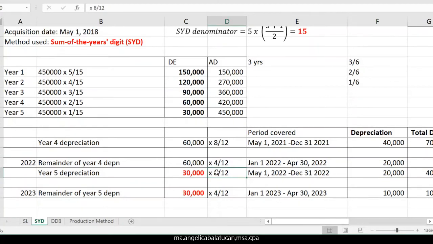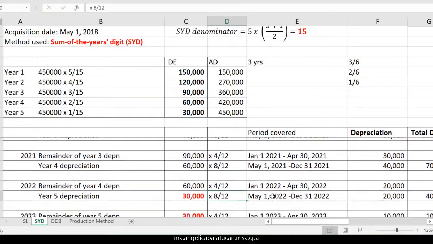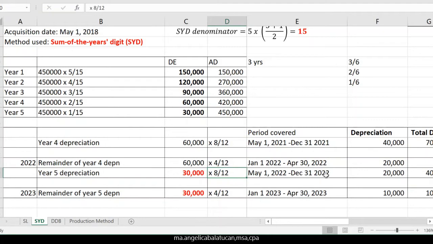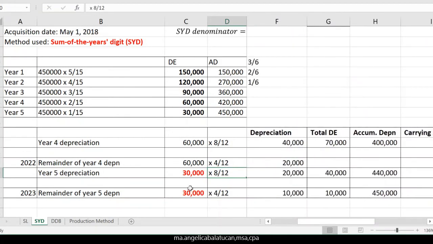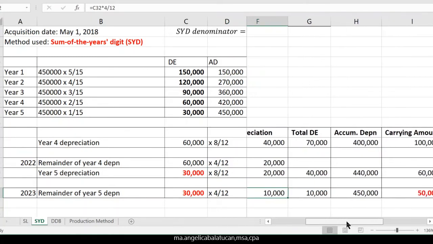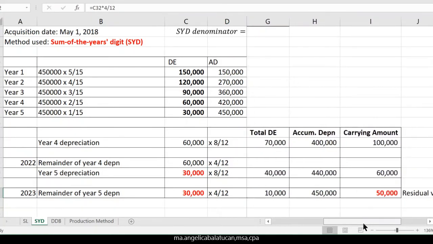Because you have from May 1 until December 31. And then for the last year, you have 30,000 times 4 over 12. So to complete this one, the remainder is 10,000. And accumulated depreciation after 5 years would be 450,000. And the carrying amount will be the 50,000 residual value.